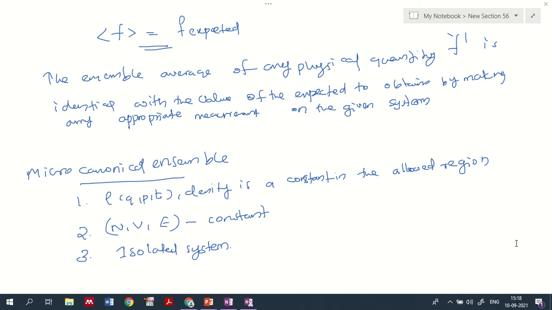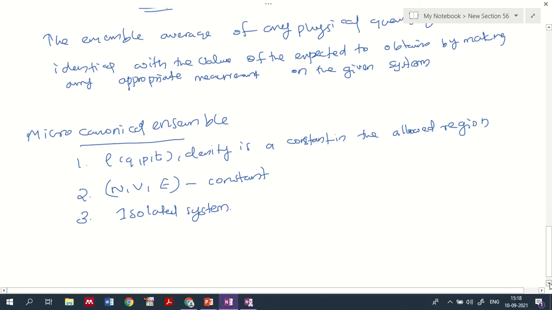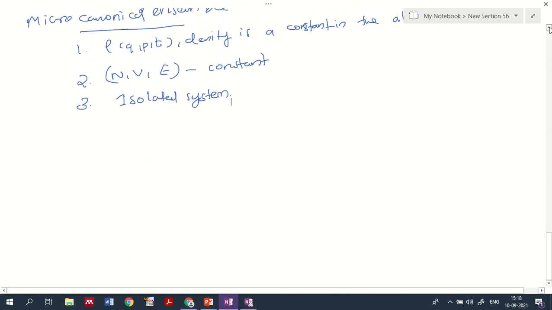That's all we have to discuss for today. In the next class we will be discussing two systems: the classical ideal gas and the harmonic oscillator.